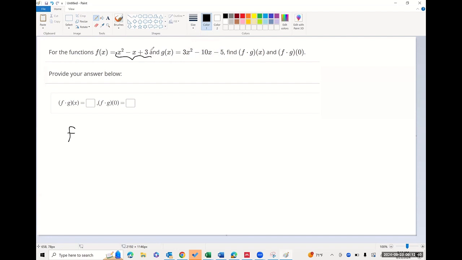It's a second degree polynomial because the highest exponent is a 2. The other function we have is g. It is also a second degree polynomial because the biggest exponent is a 2.